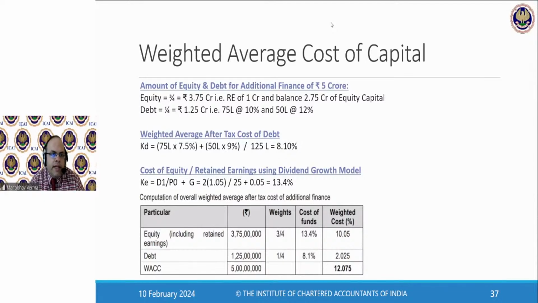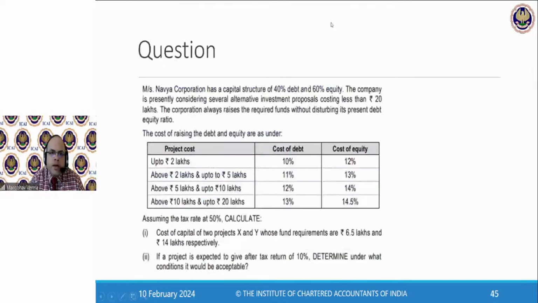Which is a very interesting question. Let's move to the next question here, which is on my screen right now. Navya Corporation has a capital structure of 40% debt and 60% equity. The company is presently considering several alternative investment proposals costing less than 20 lakhs.